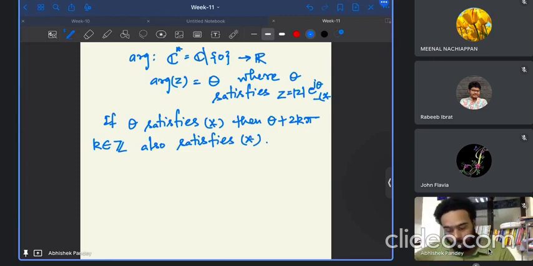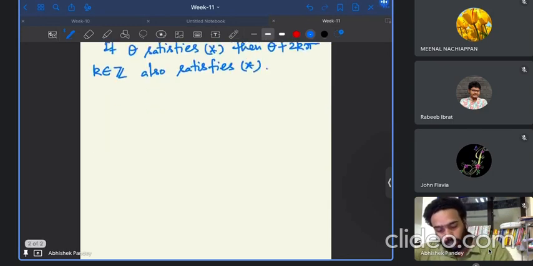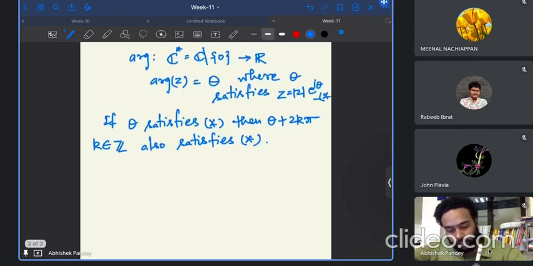But we want to make it a function, and what we are going to do is define the branch of argument, which we call the principal branch of the argument. If you restrict theta to an interval of length 2 pi, then it will give a unique value of theta.